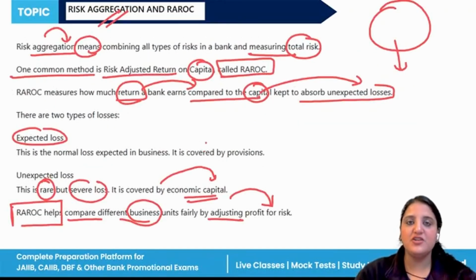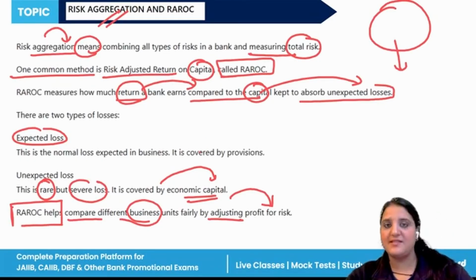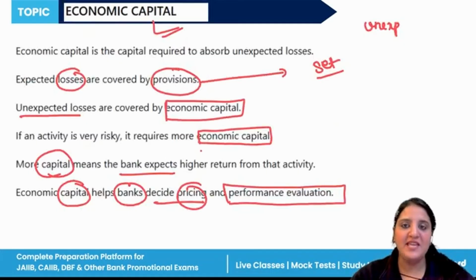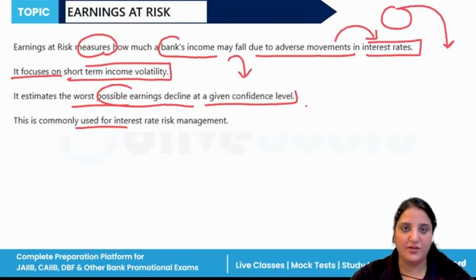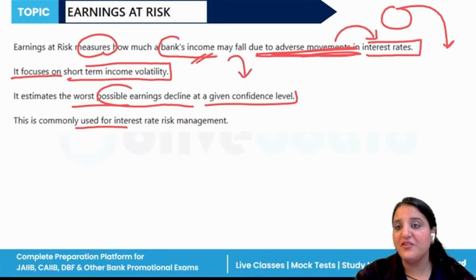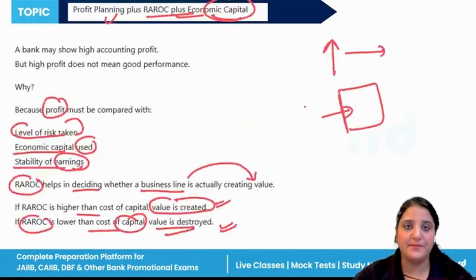Then risk aggregation means aggregating all the types of risk, which tells you about the common risk, like total risk available. Economic capital is where banks keep capital just to absorb unexpected losses. Earning at risk means how much a bank's income may fall due to adverse movements in the interest rate.